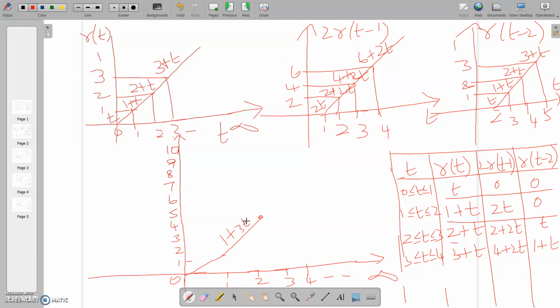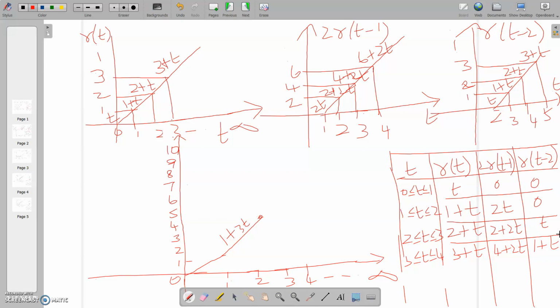And then what about the 2 to 3 duration? 2 plus t plus 2 plus 2t plus t, add all the 3 values. So what happens? 4 plus 4t. Because here also we have t, so 2 plus 2 is nothing but 4, and t plus 2t plus t will be 4t. So 4 plus 4t we have to do.